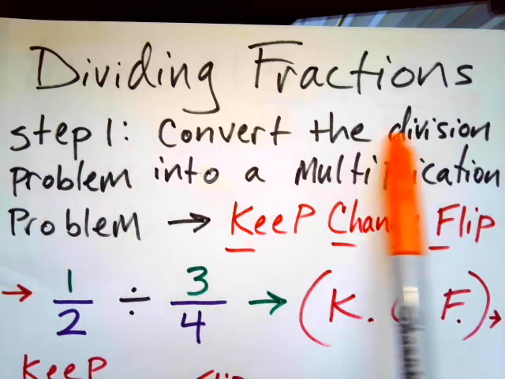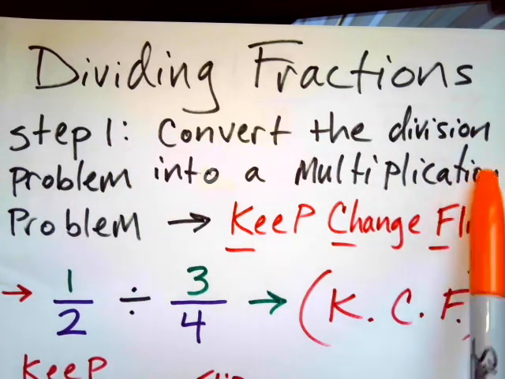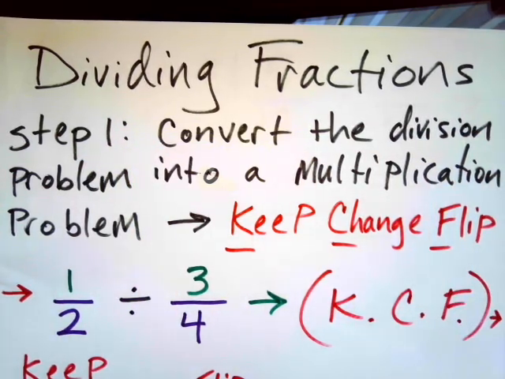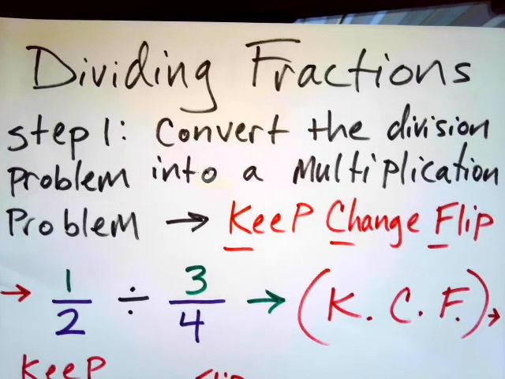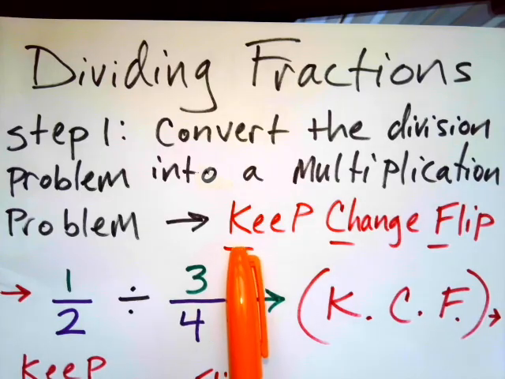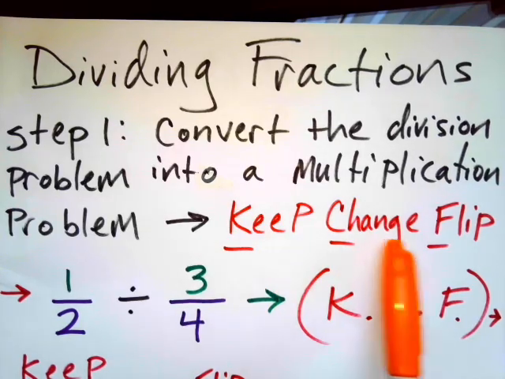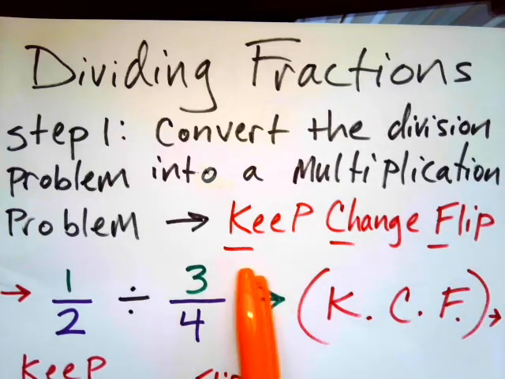Step one, convert the division problem into a multiplication problem. You're thinking, I can convert it to a multiplication problem? You surely can. You'll do something I call keep, change, flip, or KCF. Don't get that mixed up with KFC. We're not cooking chicken today.